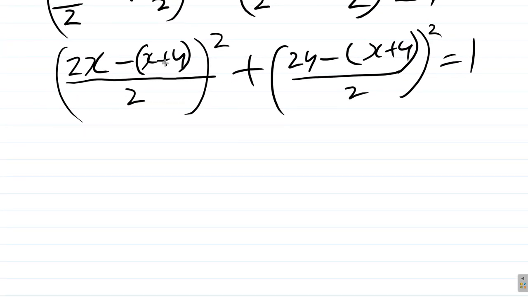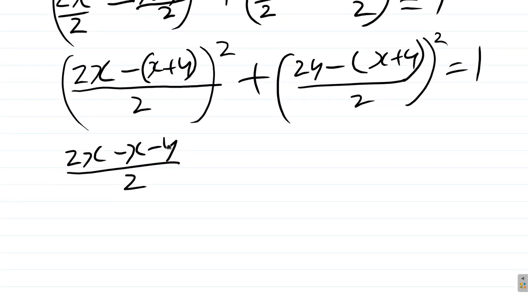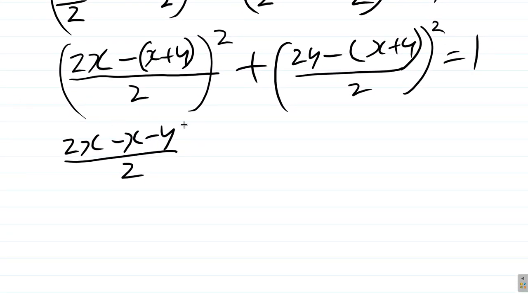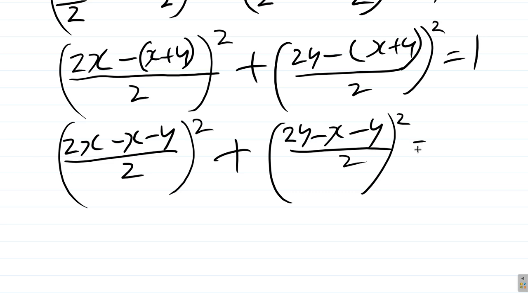If you remove the brackets inside now, you have (2x minus x minus y) over 2. If you didn't put these brackets here, you might forget to negate the y, and you only write 2x minus x plus y and get yourself mixed up. All of this is squared, plus (2y minus x minus y) over 2, all of this squared, equals 1.